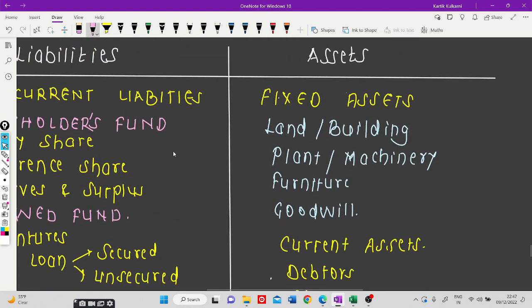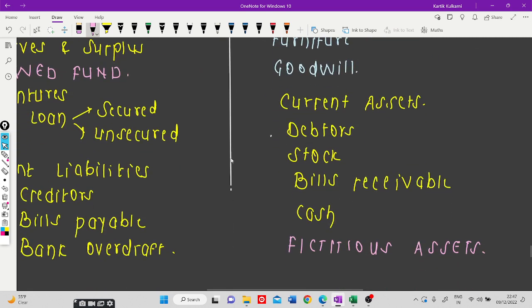So basically assets are divided into fixed assets, current assets and fictitious assets. Fictitious assets cannot be realized into cash.